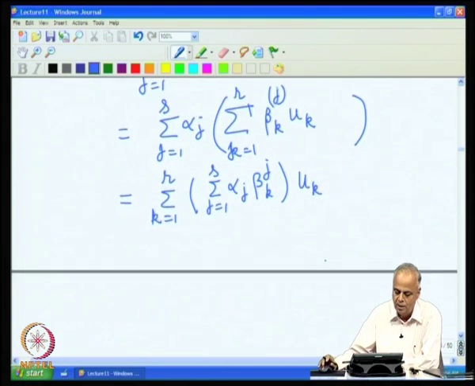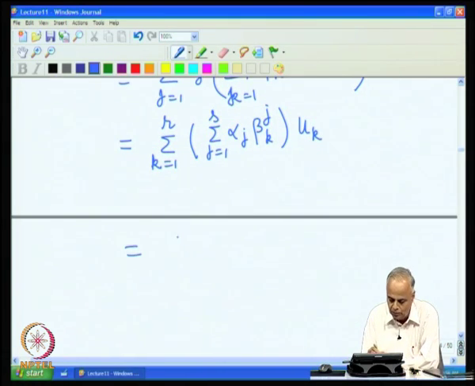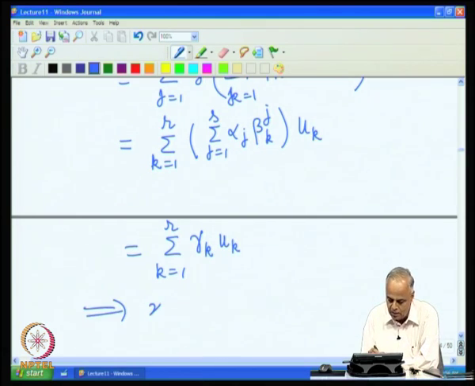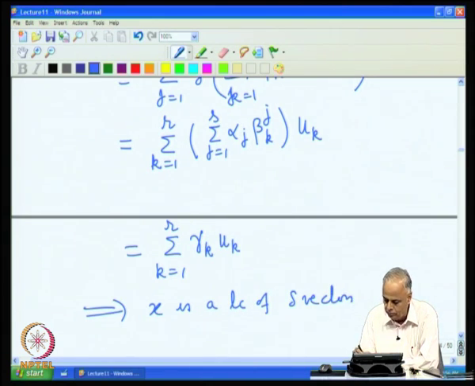We can write this as the summation k equal to 1 to r of some gamma k u k, which says x is a linear combination of the u vectors, which means x belongs to Ls.